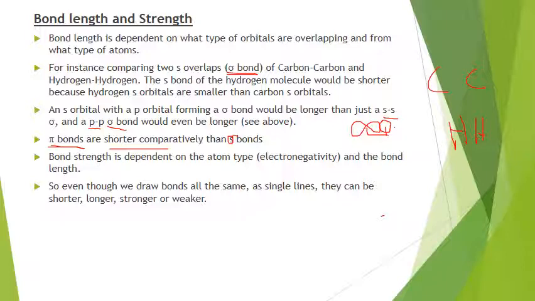So if you had a carbon with a fluorine versus a carbon and a hydrogen, this is going to be a stronger bond because fluorine has a stronger interaction. So even though we draw bonds all the same, single lines or double and so forth, they can be shorter, longer, stronger or weaker.